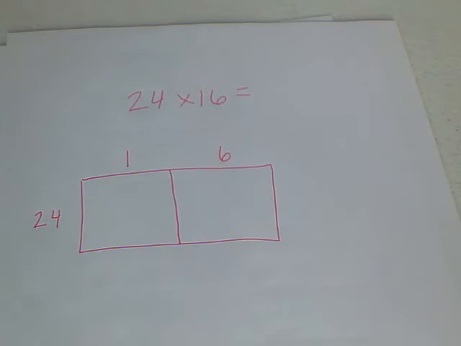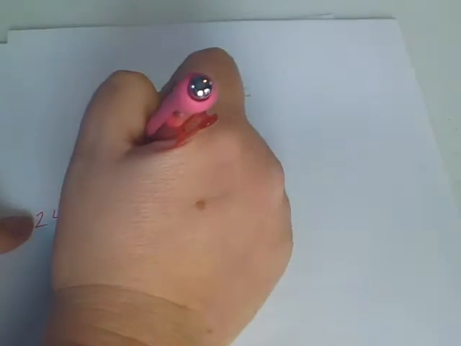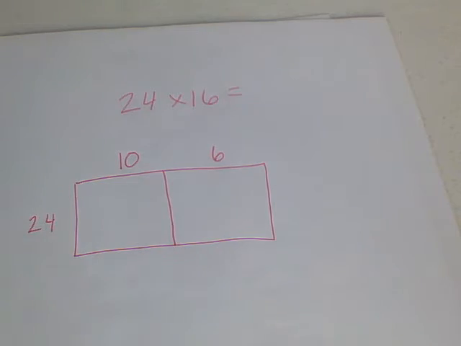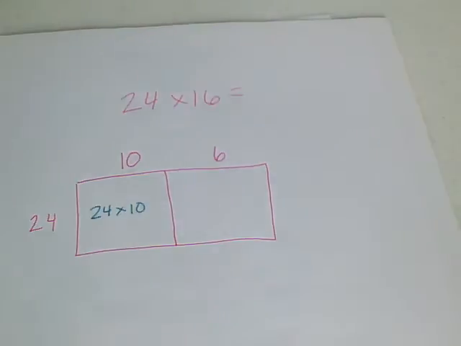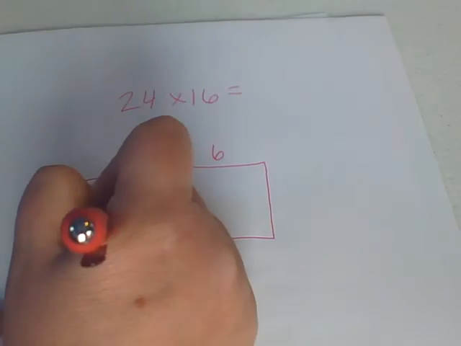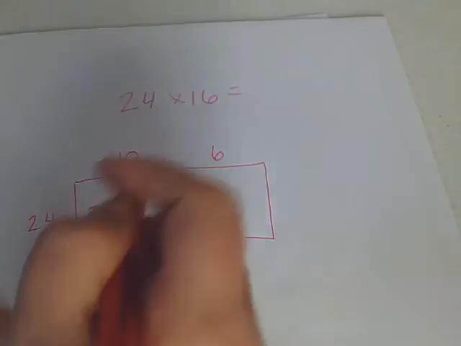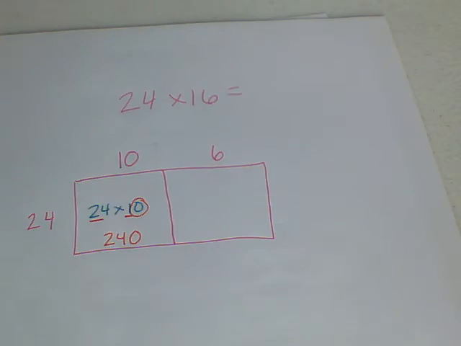And I can do it this way too, and we'll see if I get the same answer. 24 times 10. So I'm going to write this out. 24 times 10. Well, I know that 24 times 1 is 24. And then I just take this 1 zero and add it to make 240.